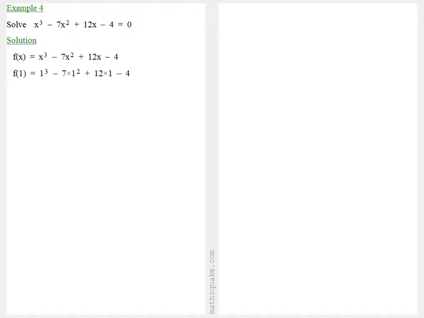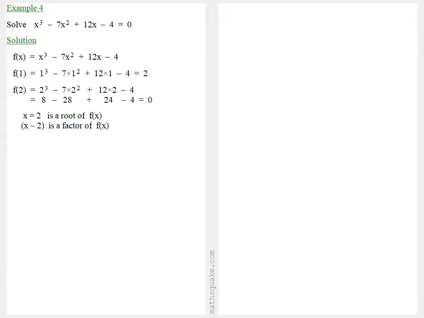Then f(1) is 1 cubed minus 7 times 1 squared plus 12 times 1 minus 4, which works out to be 2. f(2) is equal to 2 cubed minus 7 times 2 squared plus 12 times 2 minus 4, which is 8 minus 28 plus 24 minus 4, which equals 0. So x equals 2 is a root of the equation, or x minus 2 is a factor of f(x).